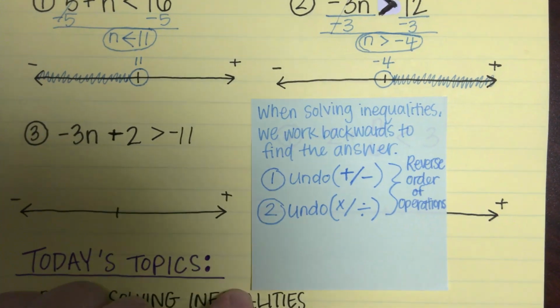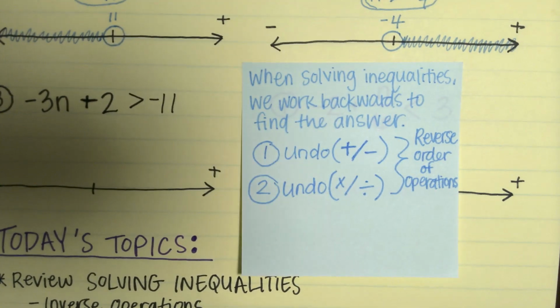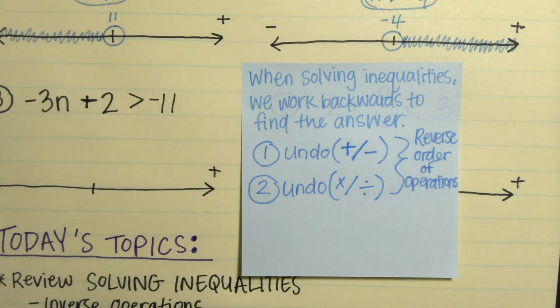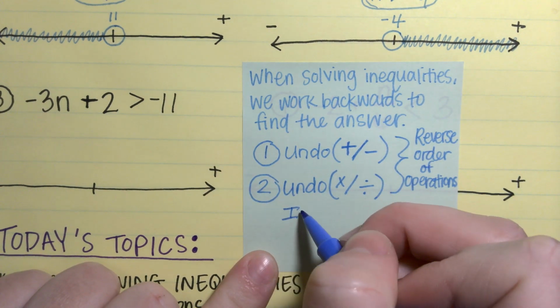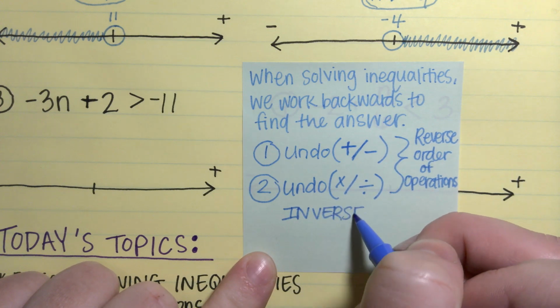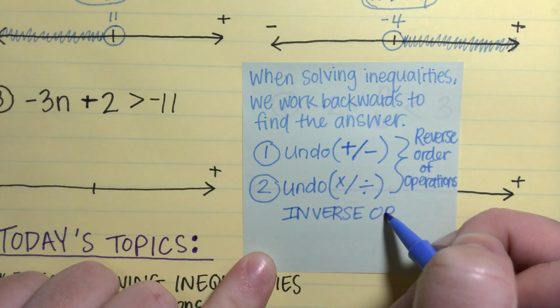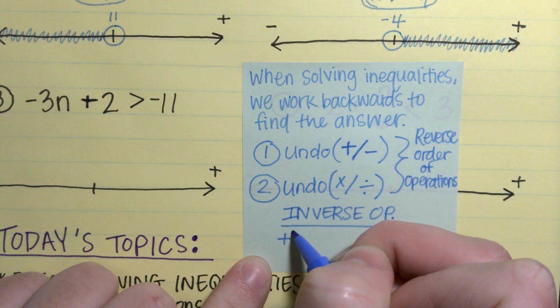Okay, and then one more little key I'm going to give you. I need to move this light. I feel like I got a shadow on there. There we go. One more little key is our inverse operations. So just a little reminder of what the opposites are. The opposite of addition is what?